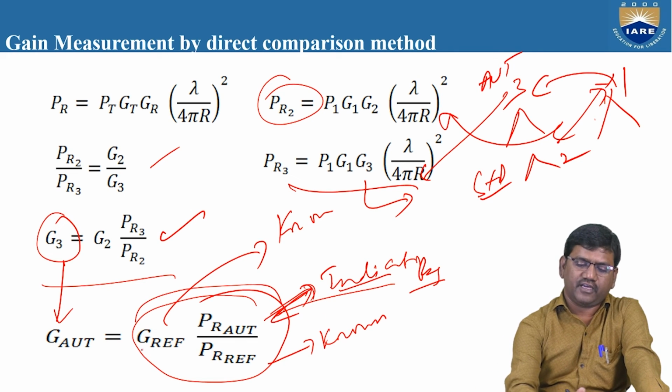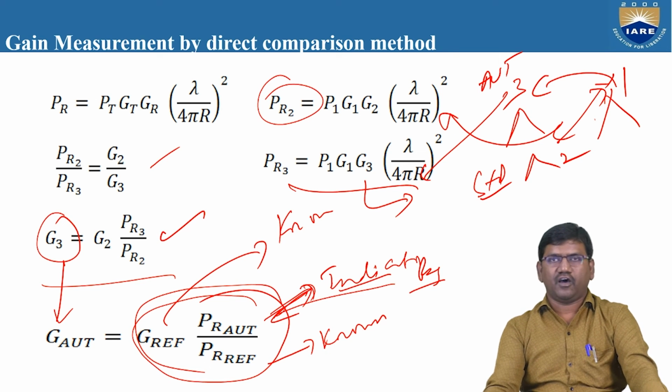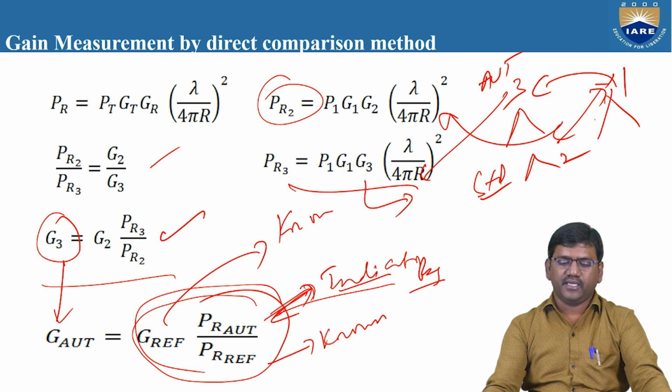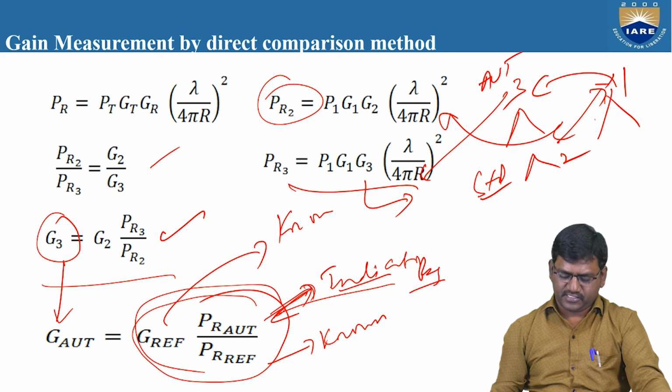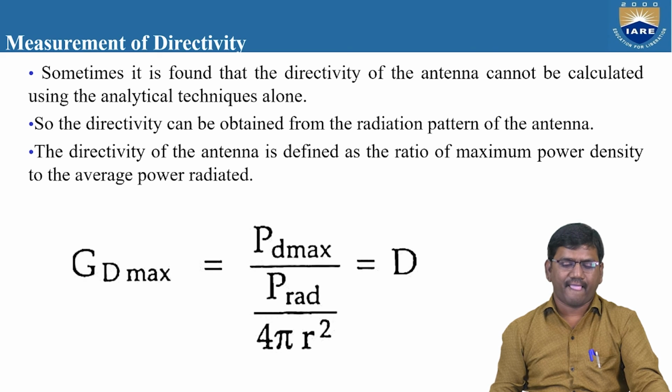After substituting all these values, we calculate the gain of antenna under test, given by G ref into PR of AUT by PR of reference. So these are the gain measurement by means of absolute method and direct comparison method.